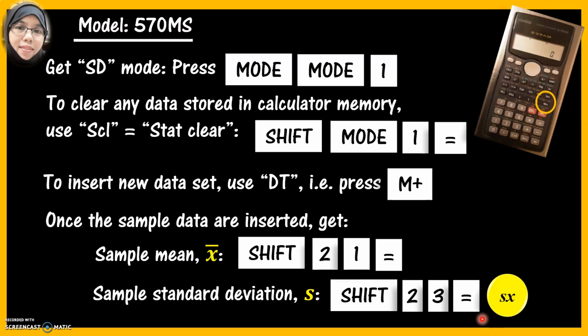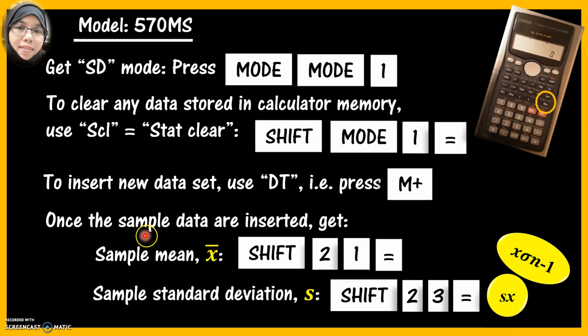You should notice on your calculator you do have this notation as Sx. But for a slightly older version of 570MS, you could have this notation x sigma n minus 1. These two notations refer to sample standard deviation if you have sample data.